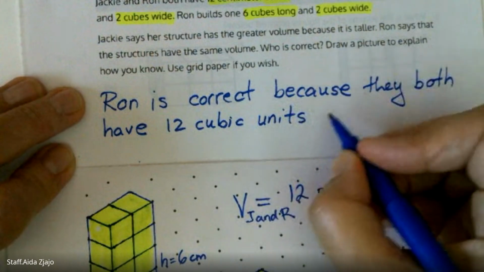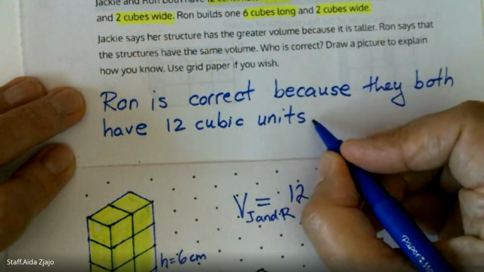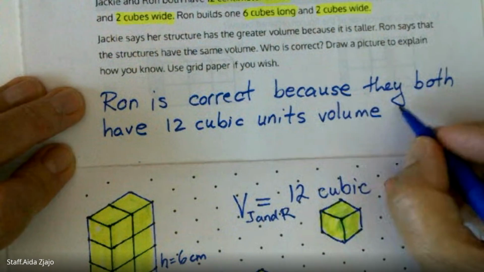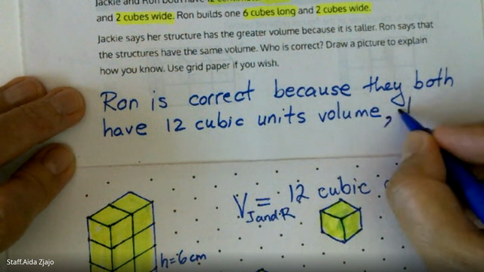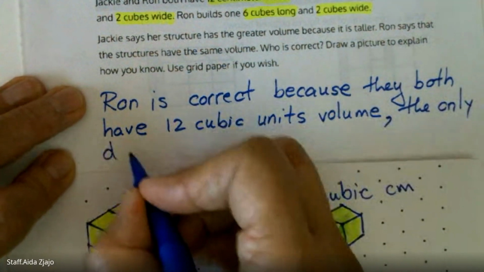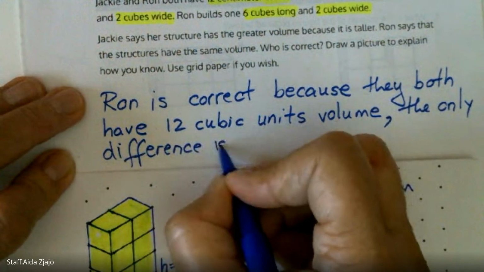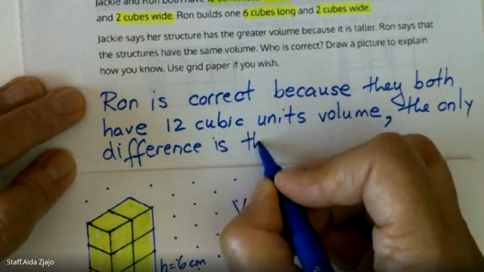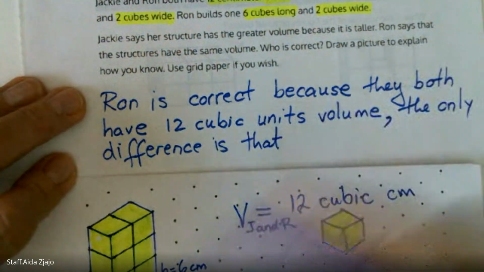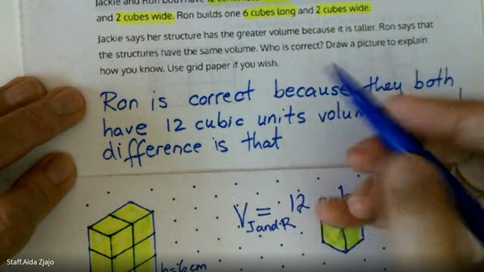The only difference, 12 cubic units volume, I would say. Volume. Okay, comma. The only difference is that Ron's is laying down.